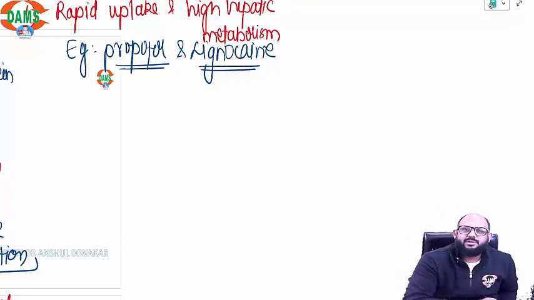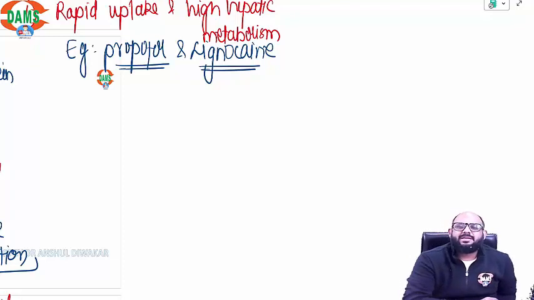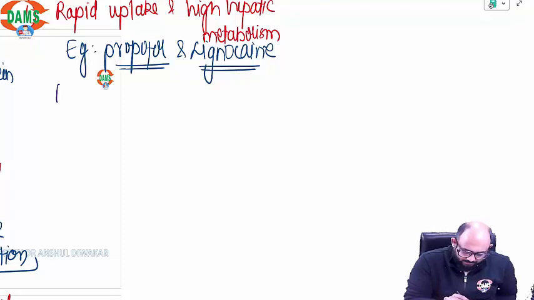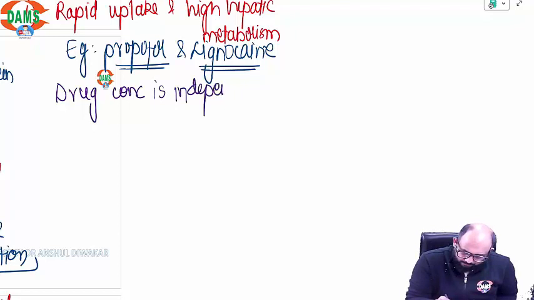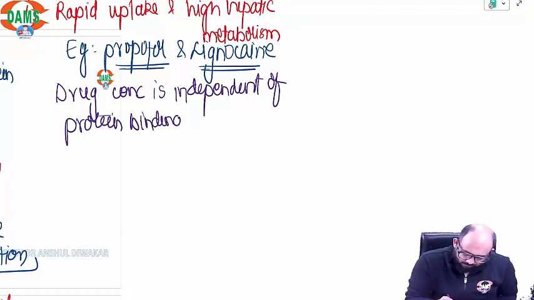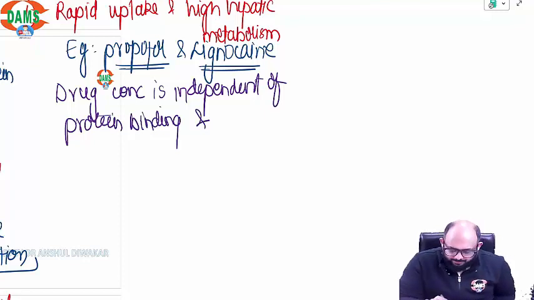So saturation will not happen in the hepatocytes, and therefore the drug concentration is independent of protein binding and depends on hepatic blood flow.